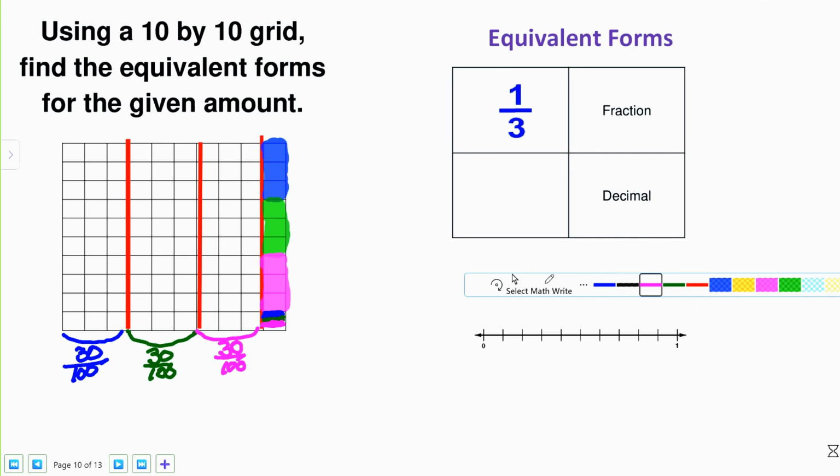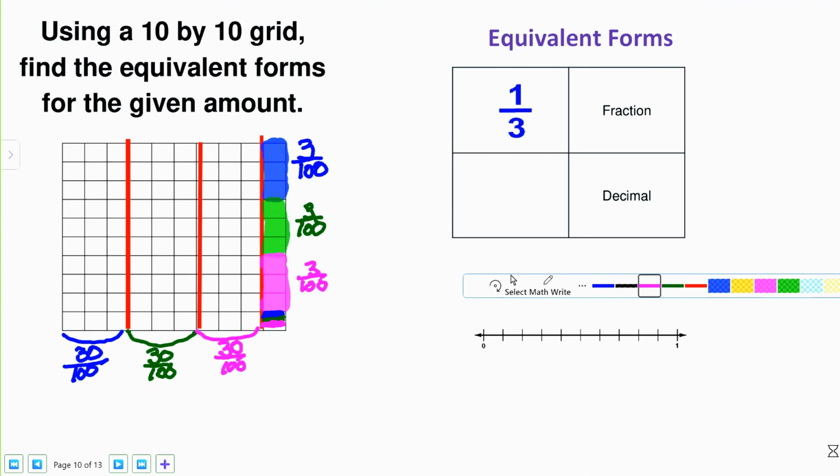Now, if I were to represent this last column into numbers out of 100, this is what it would look like. My first group over here would be 3 out of 100 goes into the blue group. The green group also had 3 out of 100. And the last pink group also had 3 out of 100. So how do I represent that ones unit that I divided?